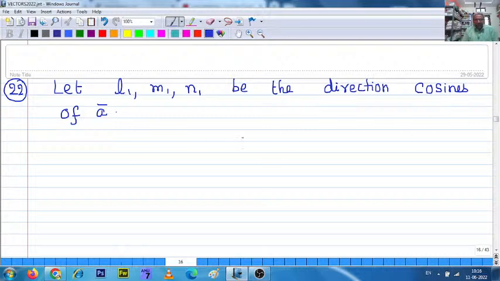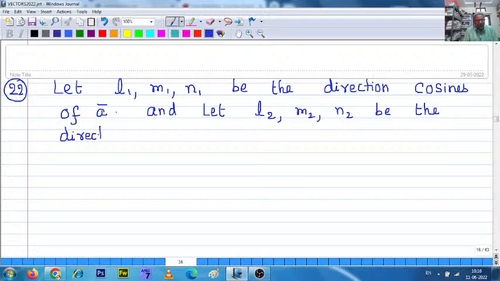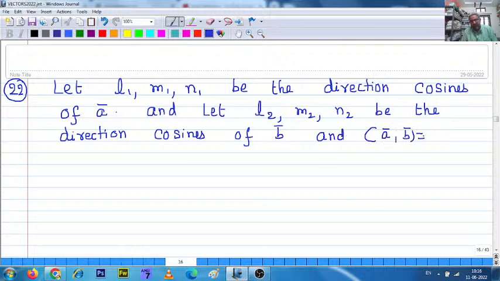Right. So direction cosines of A bar, and whereas let L2 comma M2 comma N2 be the direction cosines, DCs we can write shortly also, of B bar. Then the angle between these two vectors, A bar comma B bar, is equal to theta.